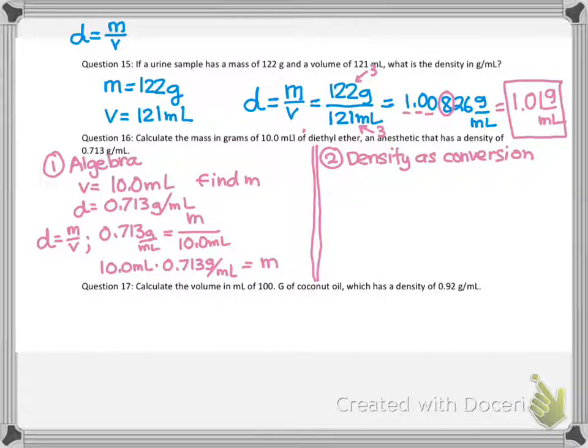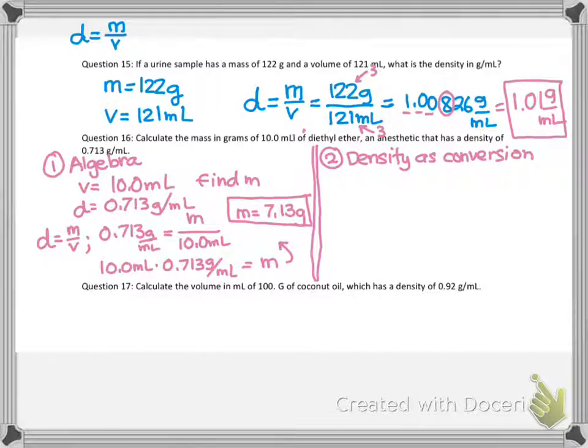Sorry I didn't give myself enough room when I typed this up. It would be 10 times 0.713. The mass would equal 7.13 grams if I solved it algebraically. I feel good about three significant figures because 10.0 has 3 and 0.713 has 3. So my answer would be that 10 milliliters of diethyl ether would weigh 7.13 grams.